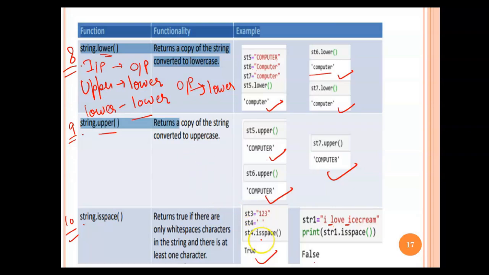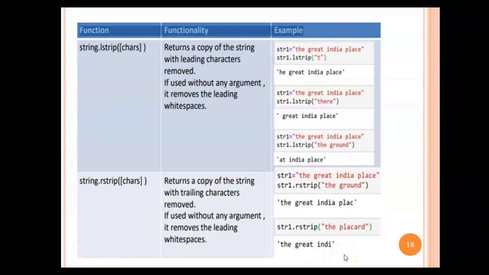Please don't get confused with those small things. Again, I am repeating, it's not going to check whether a space is present in the complete string along with digits, or upper and lowercase letters or characters. The string itself should be only space. I think I explained it properly. That's the reason we are getting false here. So we are done with 10 functions.